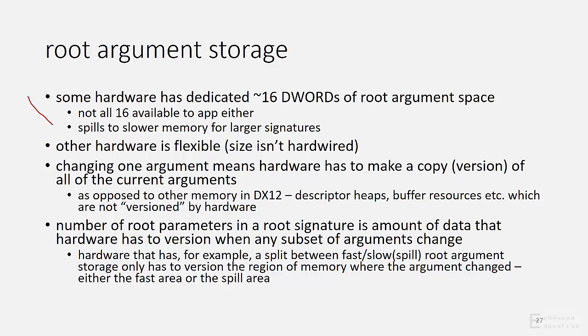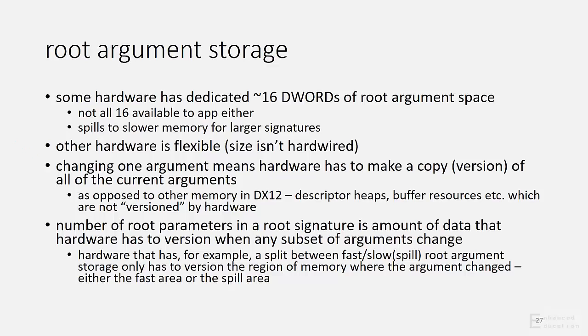It's actually possible for this hardware to support larger root signatures than the native size by simply spilling to slightly slower memory for arguments that go beyond the native root argument storage space with large root signatures. On the other hand, other hardware is more flexible in that it doesn't have a hardwired root argument storage size.